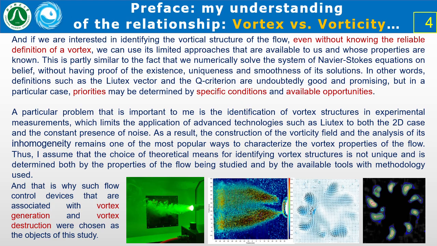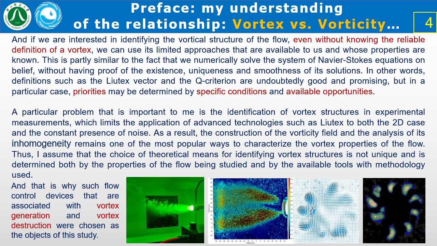A particular problem that is important to me is the identification of vortex structures in experimental measurements, which limits the application of advanced technologies such as vortex identification methods, due to both the 2D case, shown in particular by the pictures below, and the constant presence of noise.